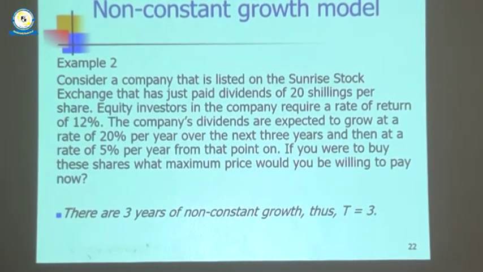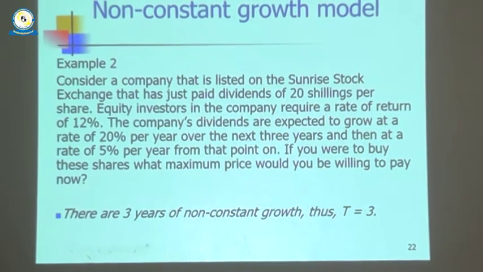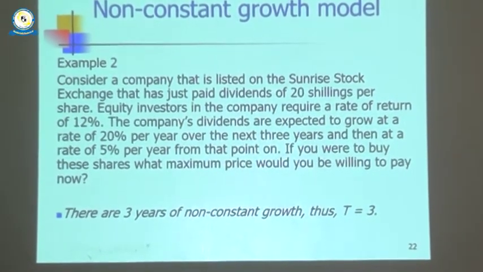Now, a question like this, how are you going to know it is a non-constant growth model that is going to be used here? When you go through the question, the company requires a rate of return of 12%.